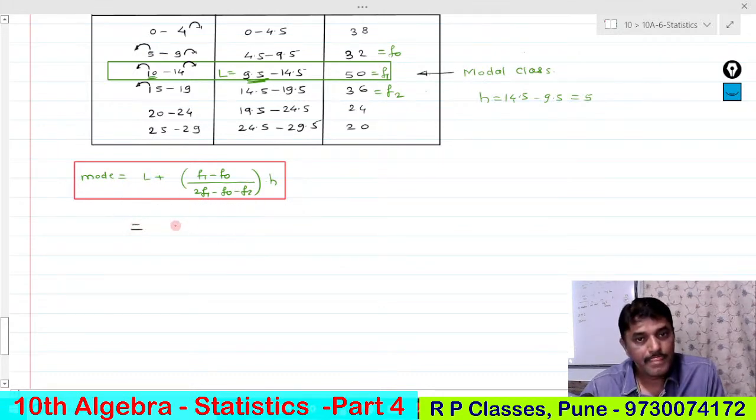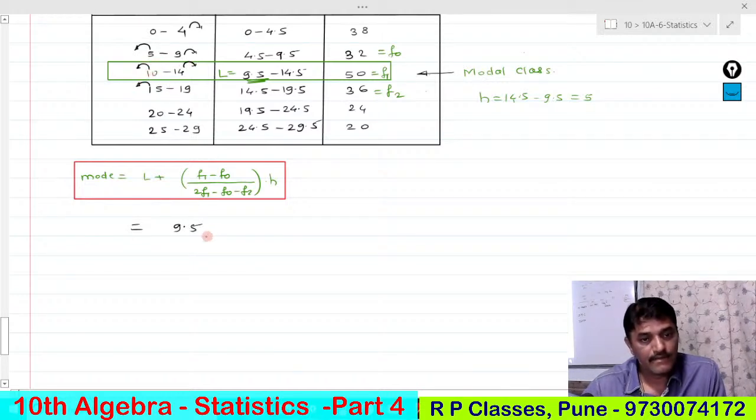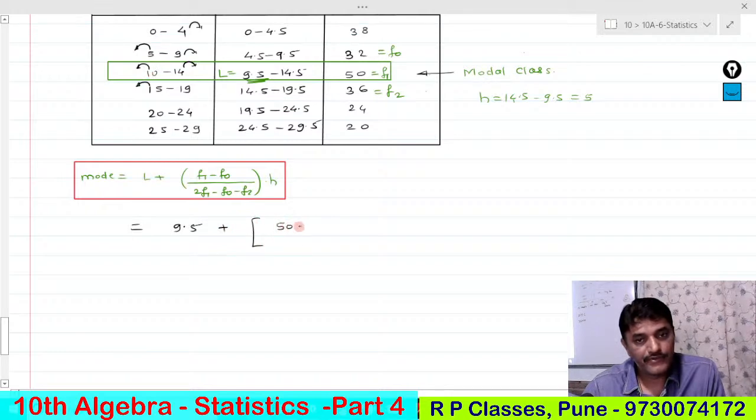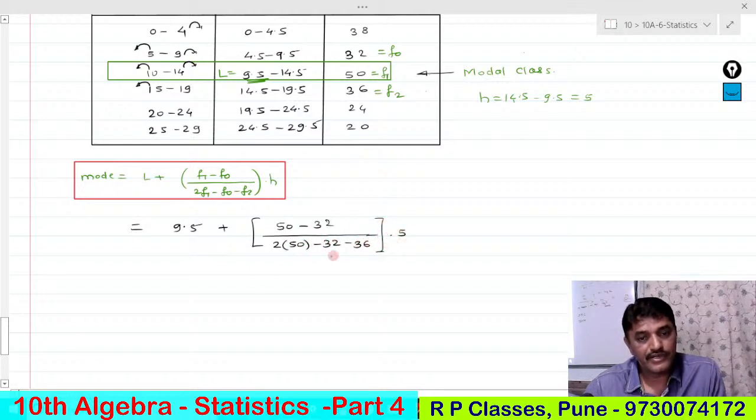L, 9.5 plus F1, 50 minus 32, times 50 minus 32 minus 36 into H is 5.